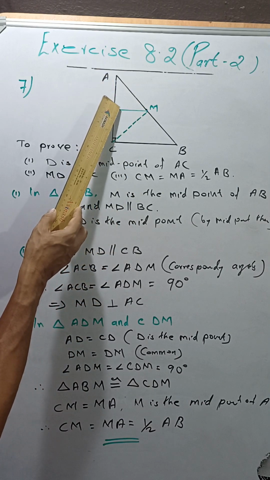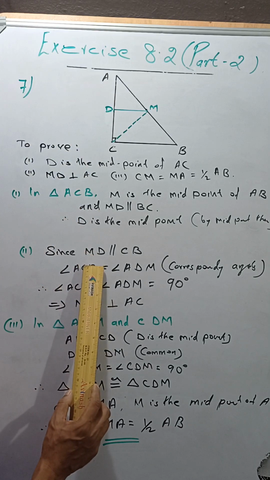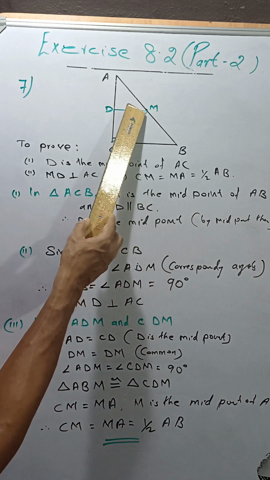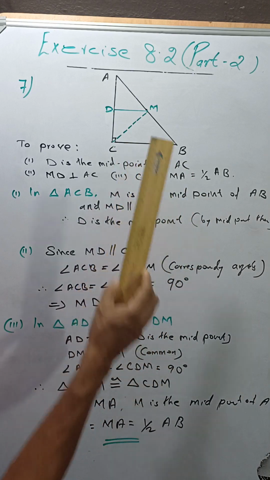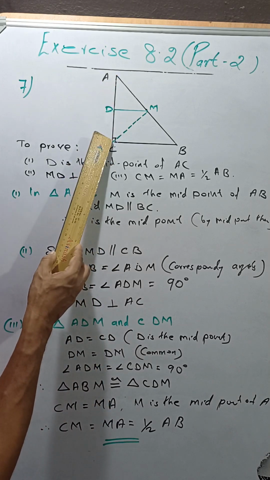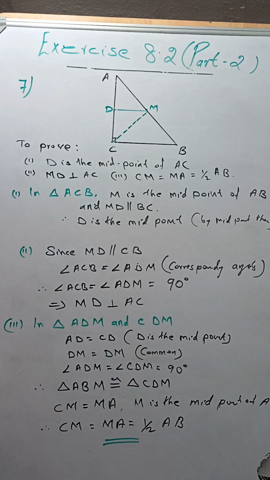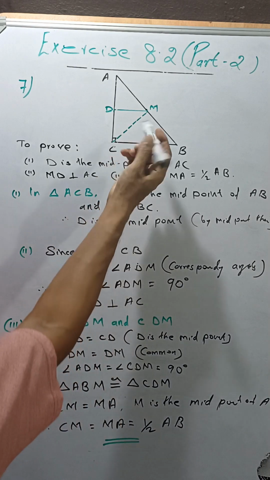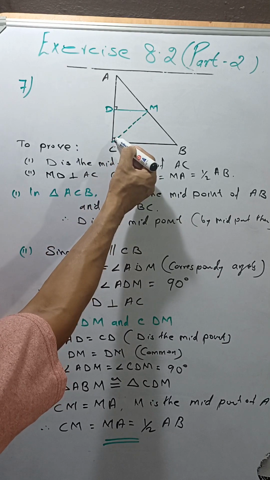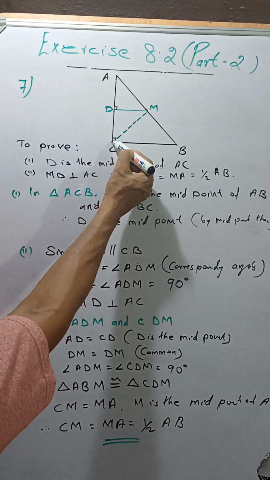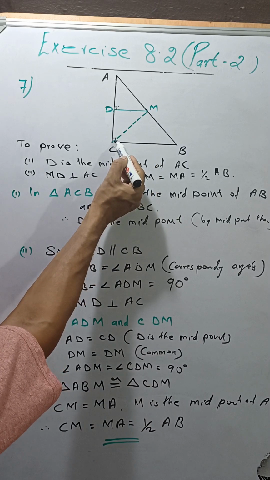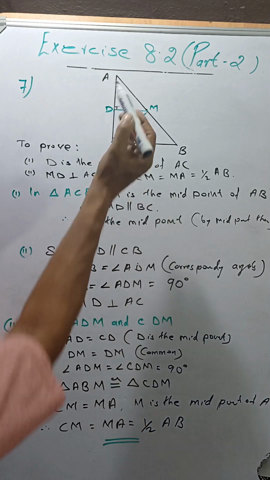Then the second part, MD perpendicular to AC. Here we have to prove this angle is 90 degrees. Since MD is parallel to CB, which is given, angle ACB and this angle are corresponding angles with AC as the transversal, which means these angles are equal. Angle ACB is already given as 90 degrees, which means this angle is also 90 degrees.